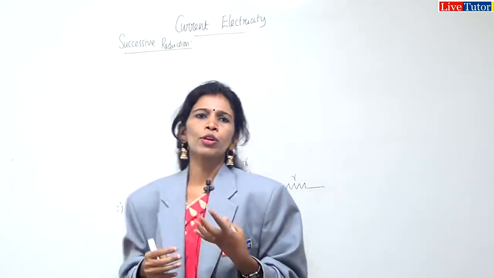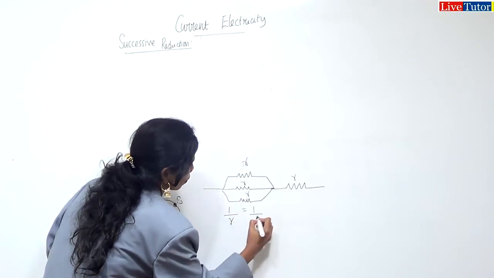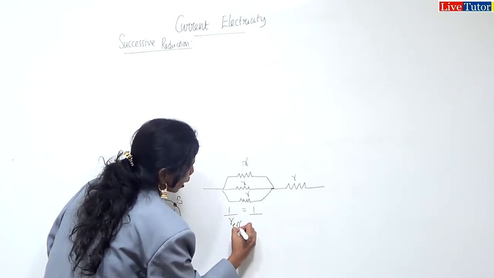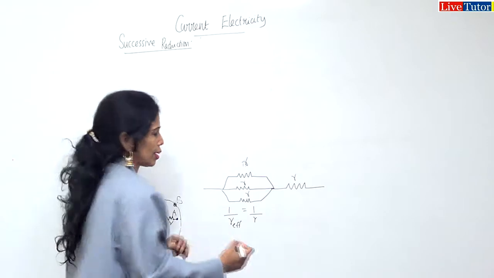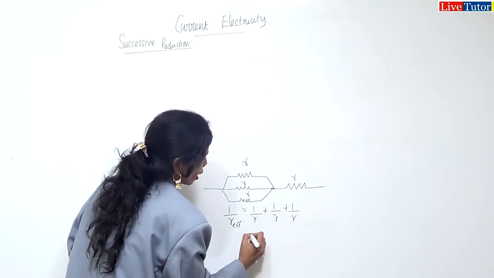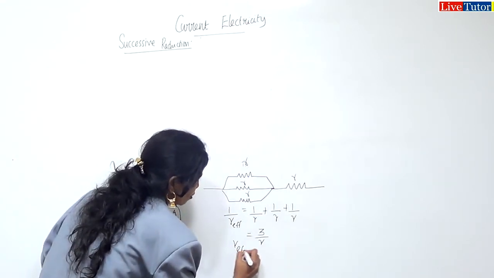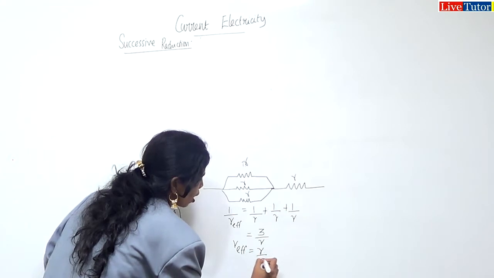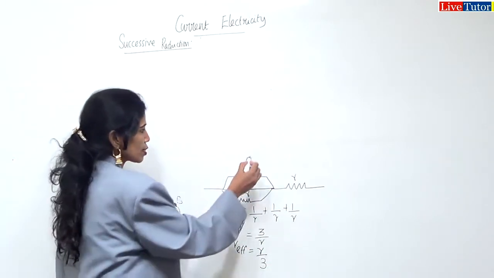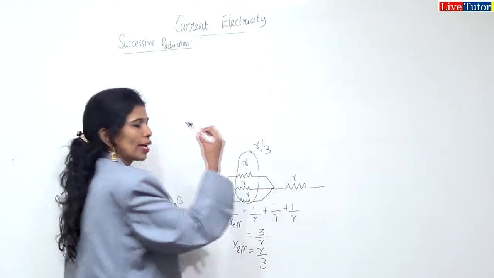The formula for solving in parallel is 1 by R is equal to 1 by R1 plus 1 by R2 plus 1 by R3. So here it will be 1 by R plus 1 by R plus 1 by R. So what will be the solution? 3 by R. So R effective will be equal to R by 3. So this part we have solved and our answer is R by 3.